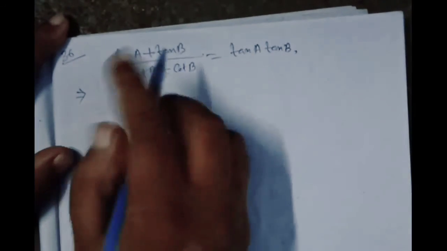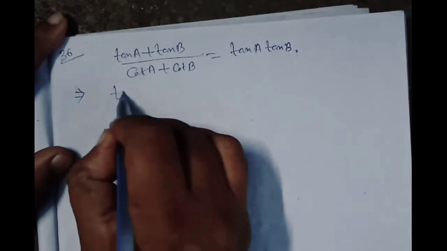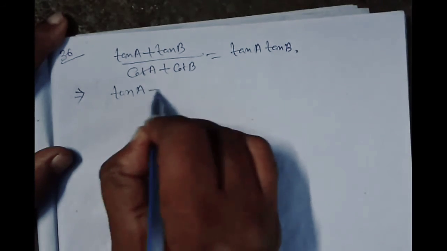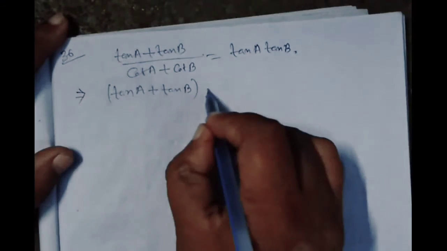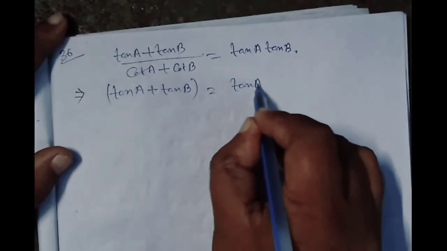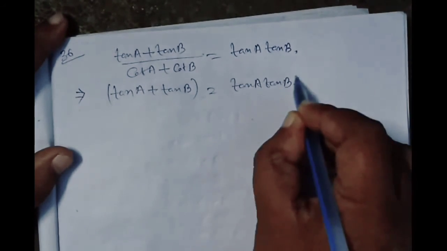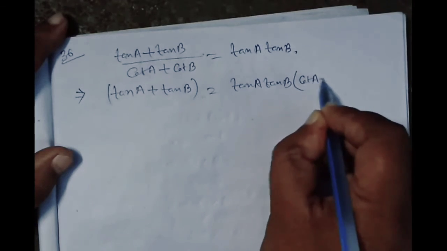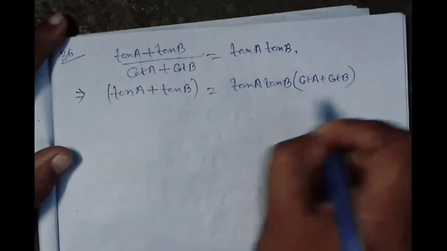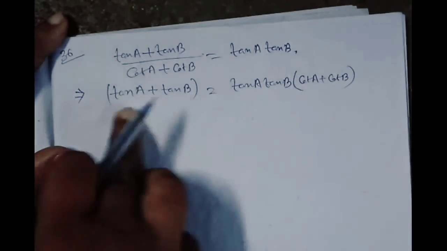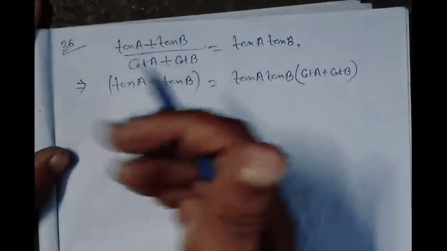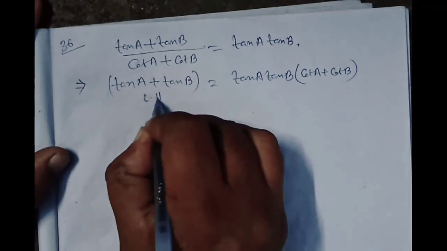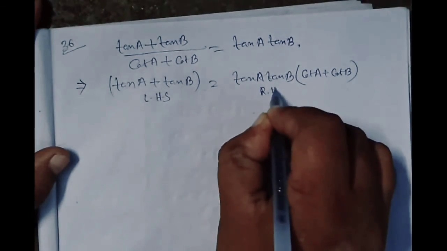This is the LHS. Now if we do one calculation, tan A plus tan B equals tan A tan B into cot A plus cot B. If we do this calculation and show it on the right side, then it will be the same. So this is my LHS and this is the RHS.